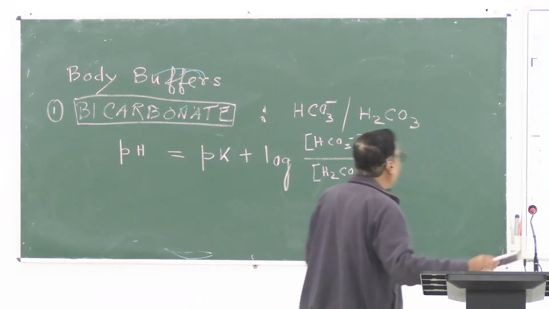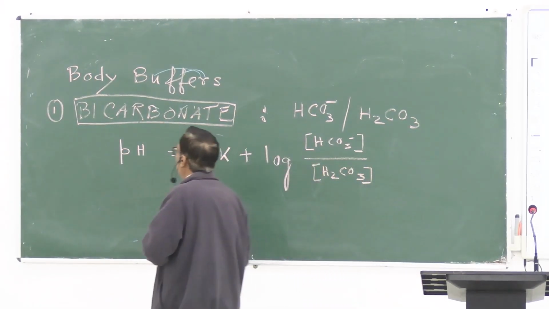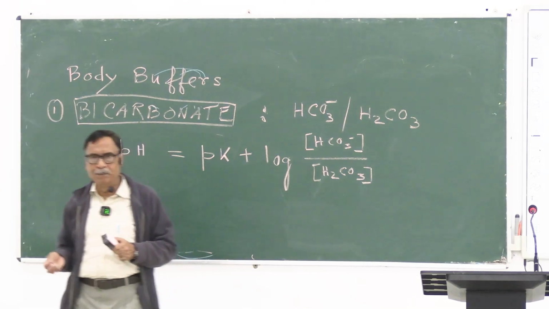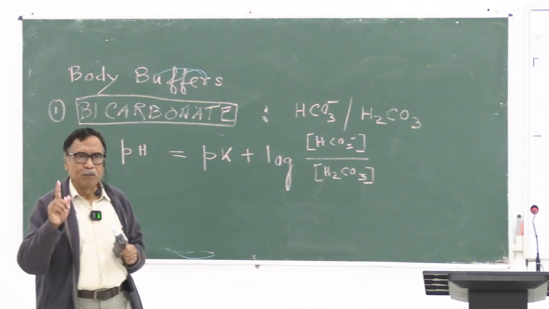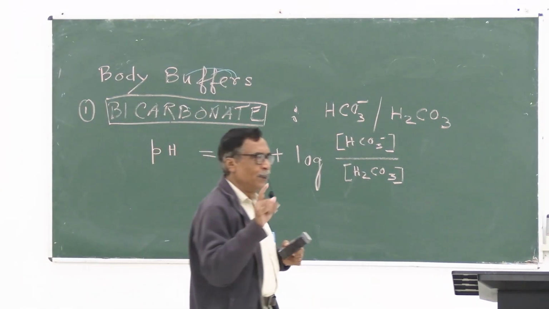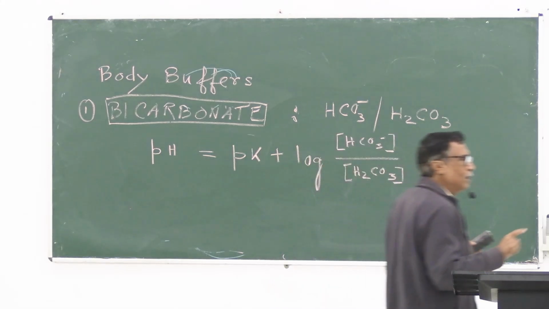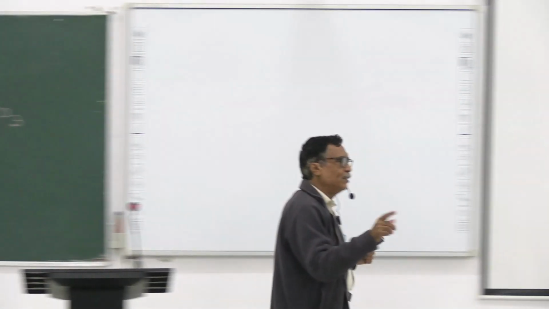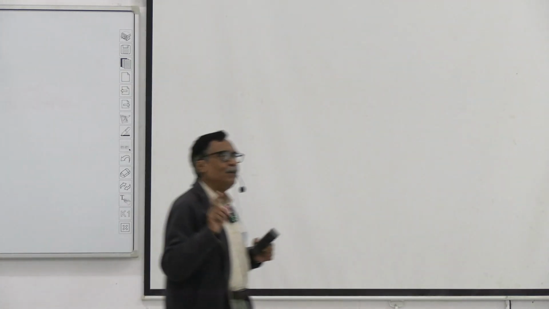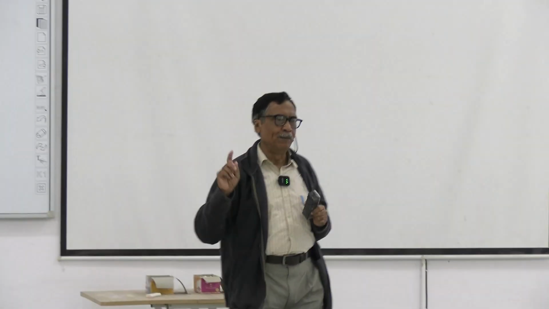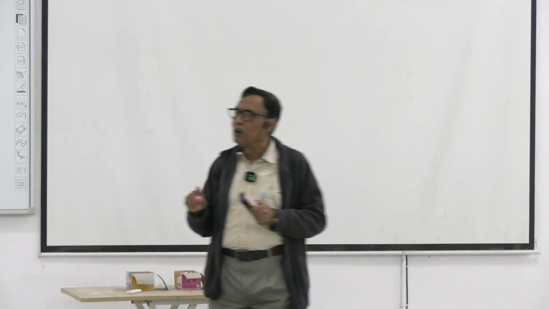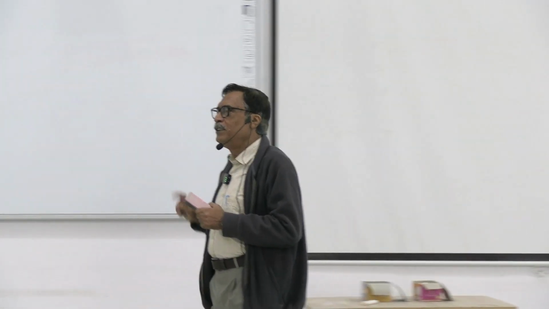how pH is 7.4. The normal pH of the blood I have described, it is 7.4. When you are told to mention the range, it is 7.35 to 7.45. That is 7.4 plus minus 0.05.